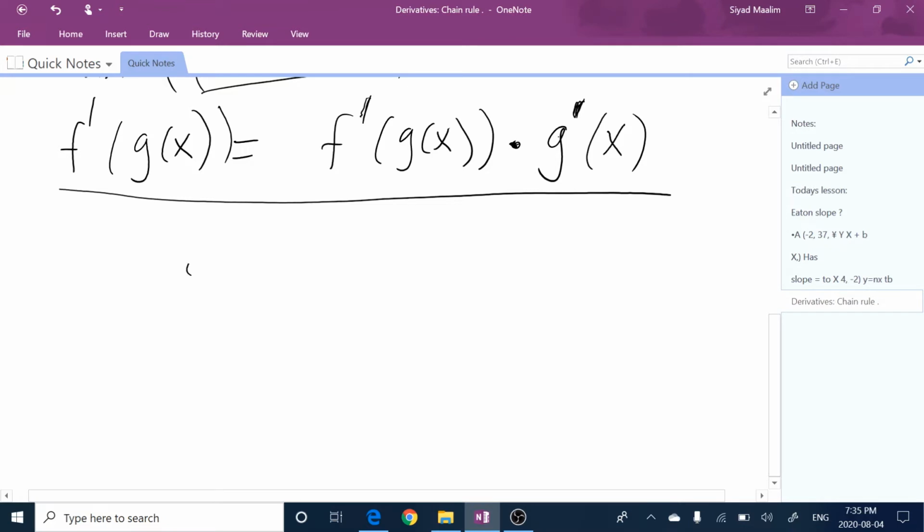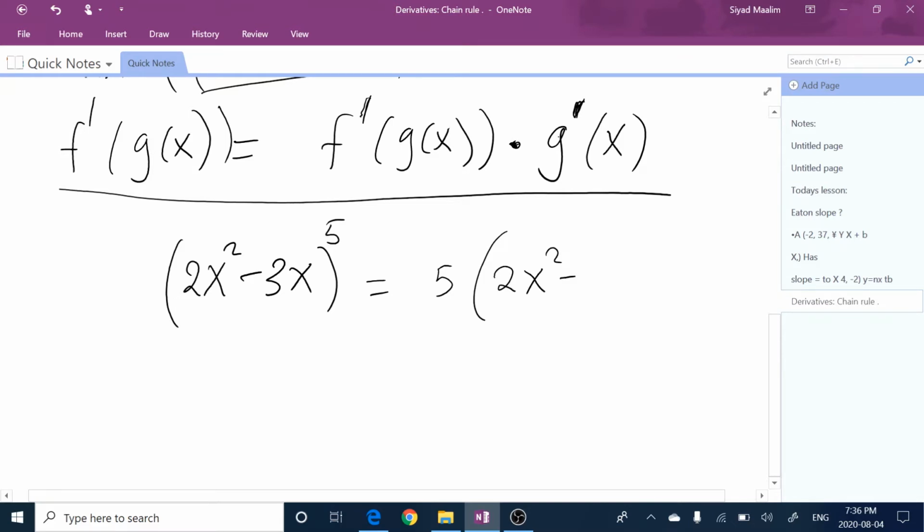We have 2x squared minus 3x to the power of 5, and we want to find the derivative of this. In this case, we bring the power 5 down, keep whatever is inside the bracket the same, 2x squared minus 3x, reduce the power by 1, so 5 minus 1 is 4, multiplied by the derivative of whatever is inside.